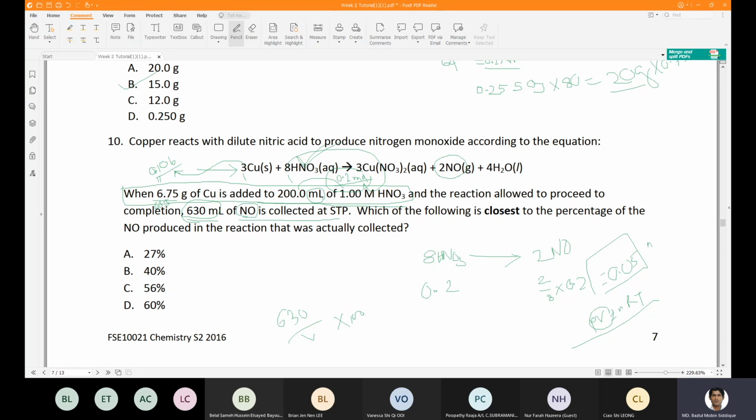So I will get it to some extent. And from here, the answer is actually 56%, right? So only 56% is produced. 630 milliliter is actually 56% of what it was supposed to produce.